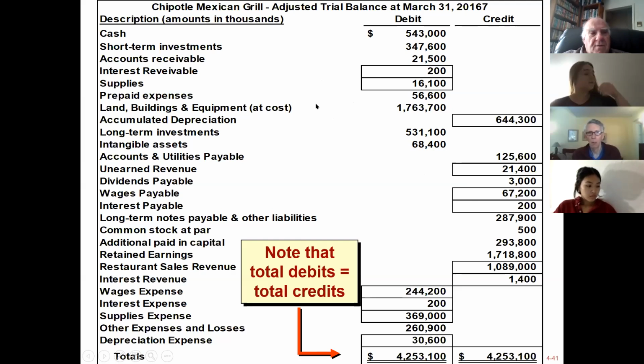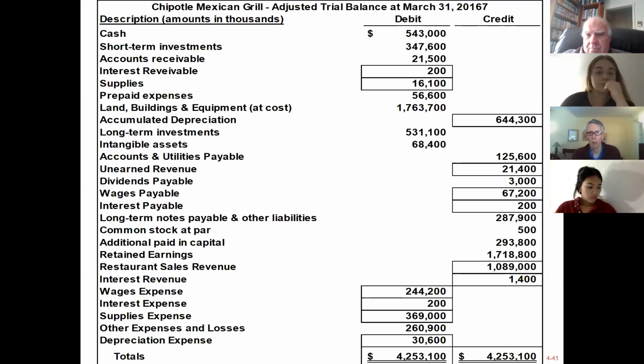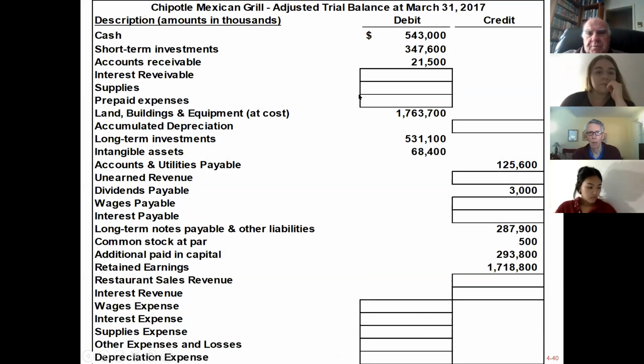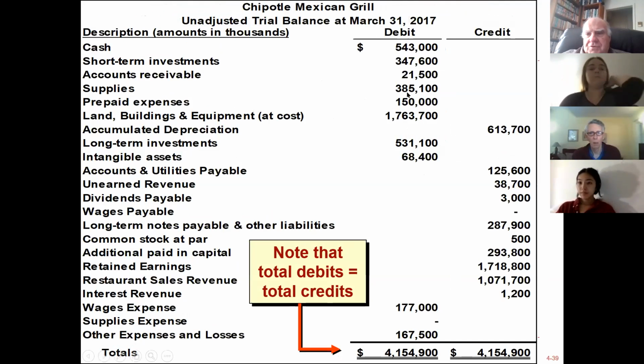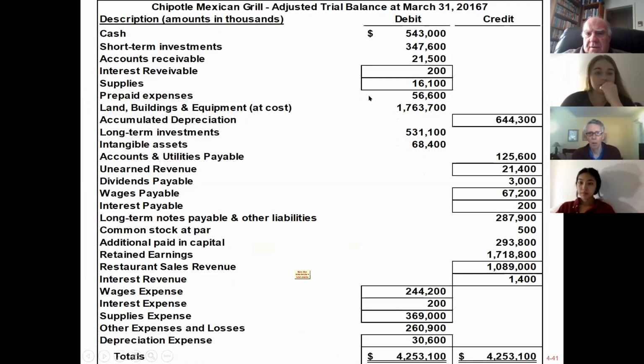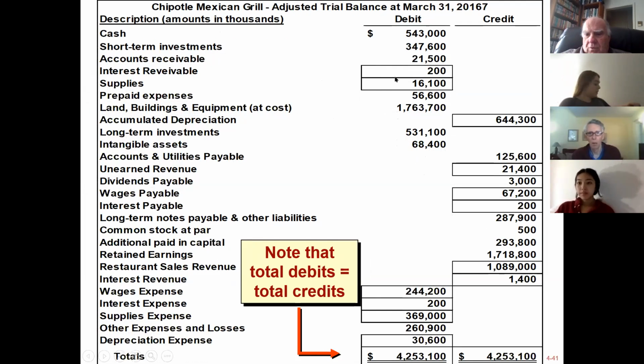The supplies were $385,000. We used 369, and now we're down to 16.1. There's the 369, etc. Now what we've done is we've posted all of these journal entries.